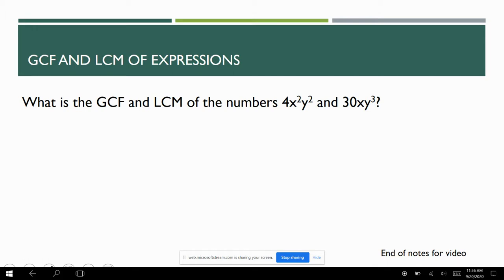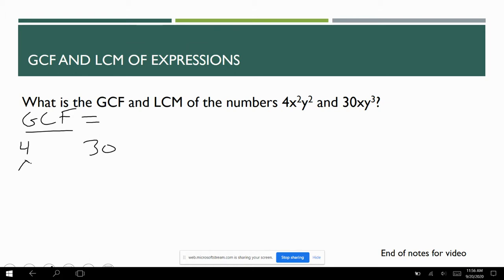Now, we can do this exact same thing with exponential expressions. So how I like to do these is I like to work number by variable by variable. So let's start here with the GCF. The first thing we need to do to identify the GCF is look at the factors of 4 and 30.